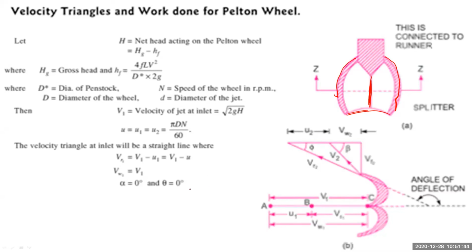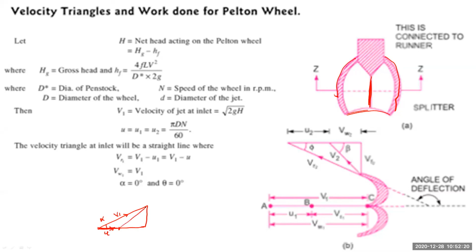Just for memory, I am showing how the inlet triangle was in unit number 4. This one was V1, representing the velocity of the jet, making an angle alpha. And this side represents the velocity of your bucket or vane, represented by small u.